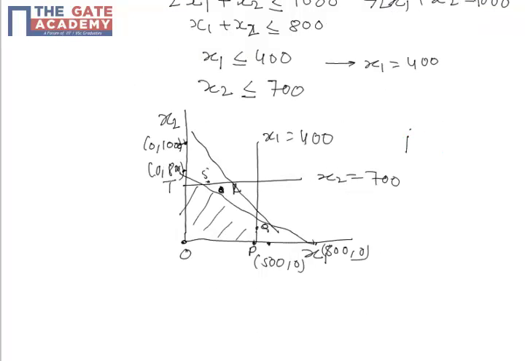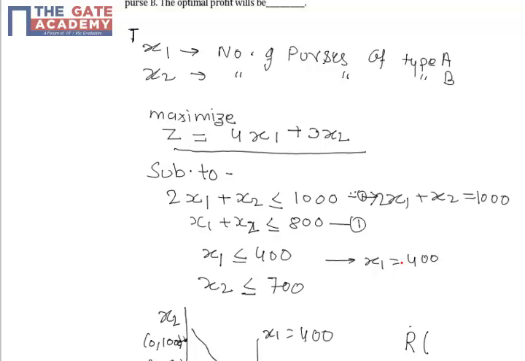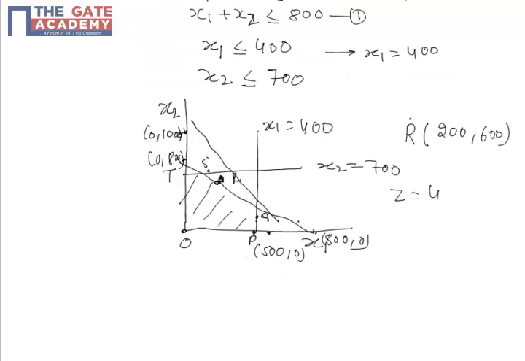The coordinates of point R we can find out from the intersection point of the second line and the first line. So the coordinate points are 200, 600. So the maximum profit is Z is equal to 4 into 200 plus 3 into 600.